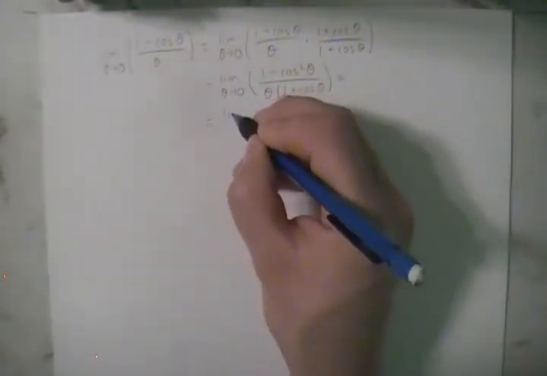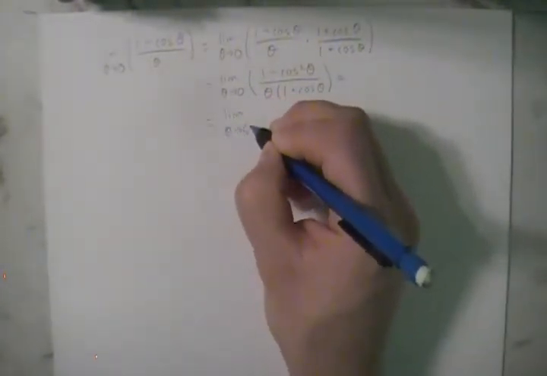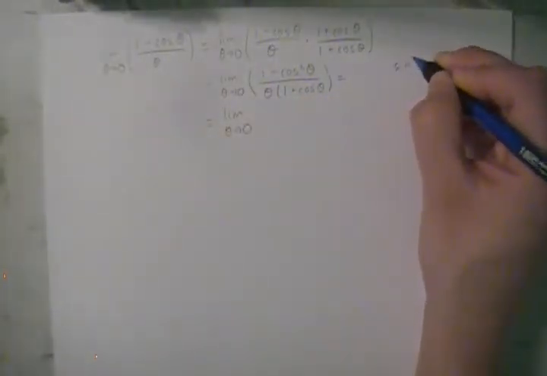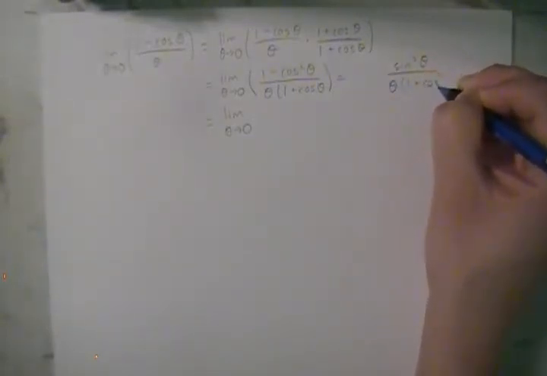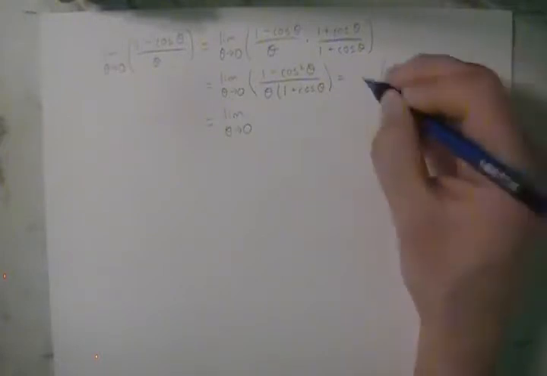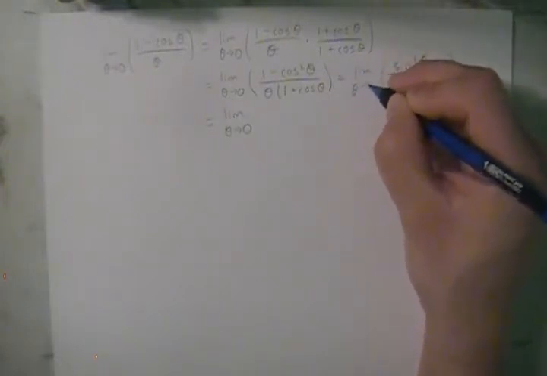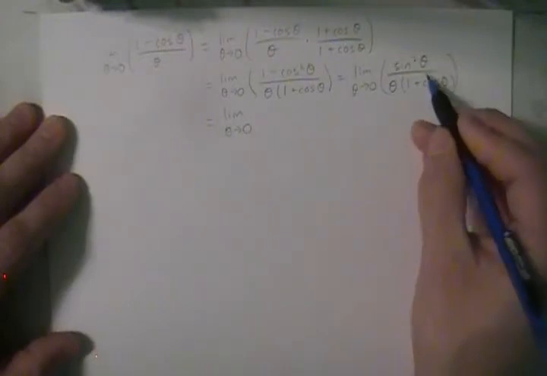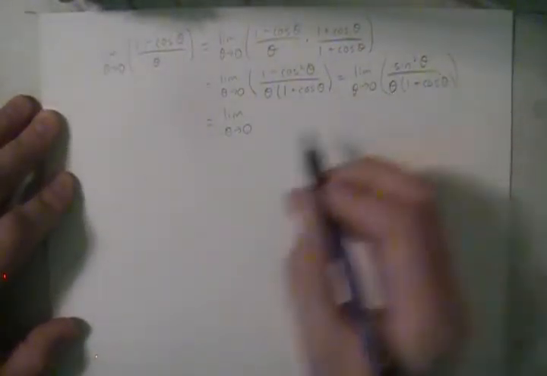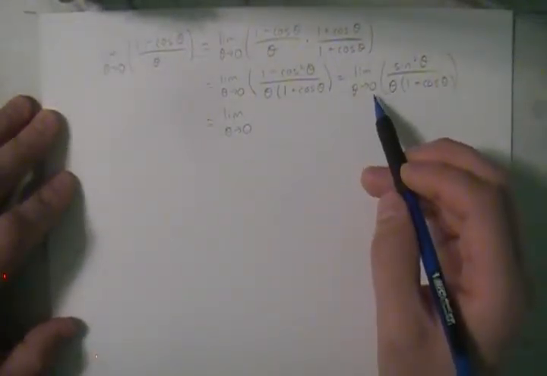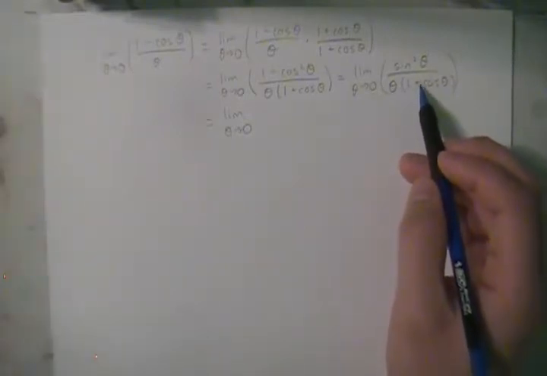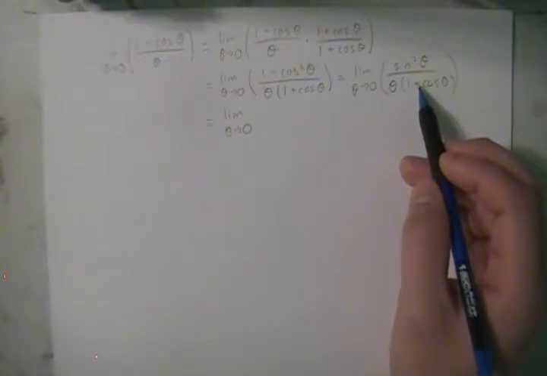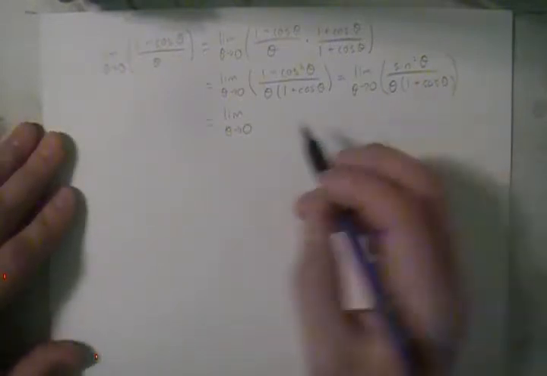Just write it here. All right, so this is actually going to be sine squared theta divided by theta times 1 plus cosine theta. And so I can actually split this up, so the limit of two functions that are being multiplied together is the product of the limits of those functions.